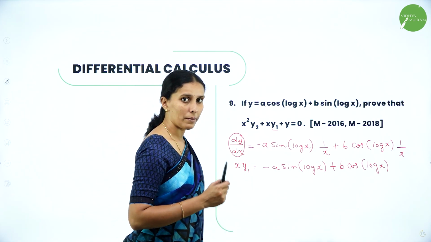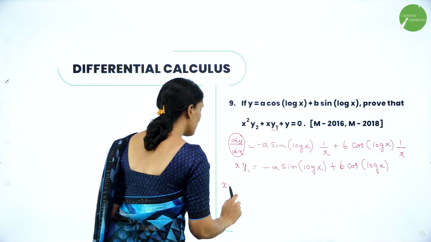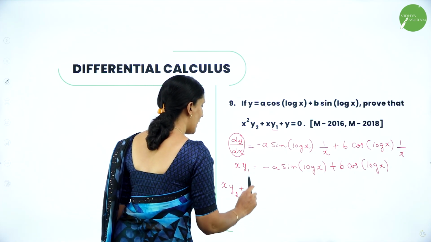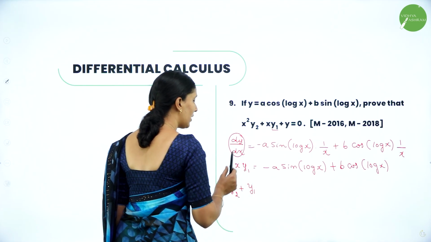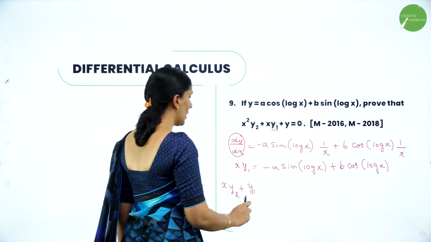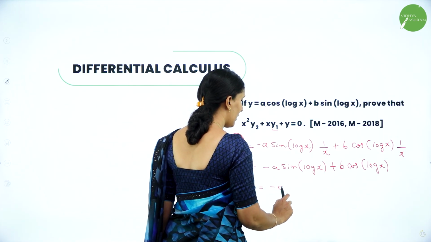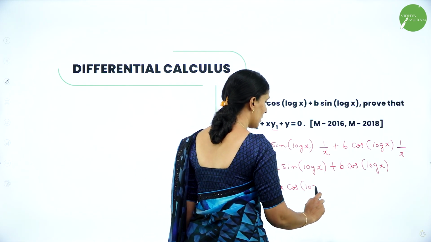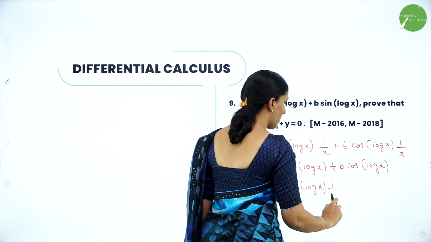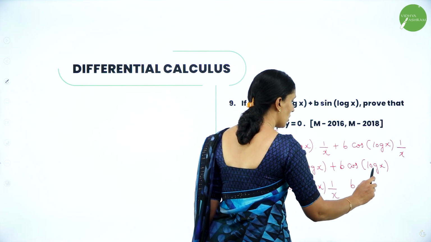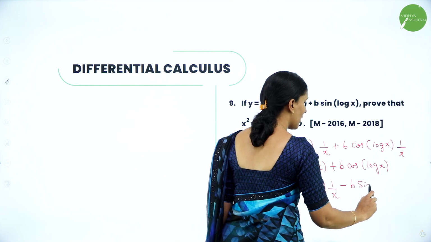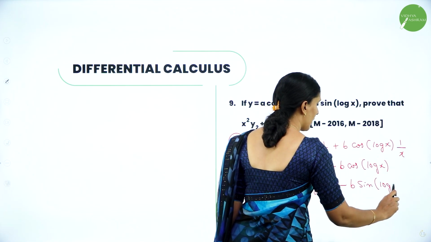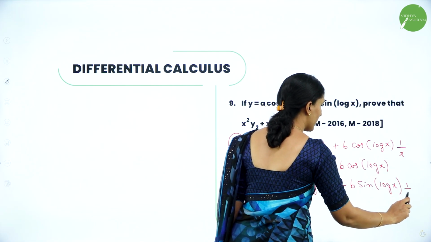It is d square y by dx square, so y1 becomes y2. And the derivative of x is 1. So here we have minus a, sine of log x becomes cos of log x, and again we get 1 by x. b cos of log x becomes minus sine of log x, again we get 1 by x.